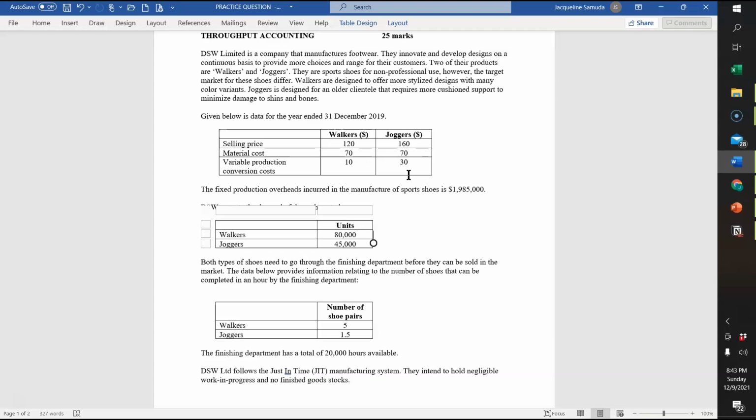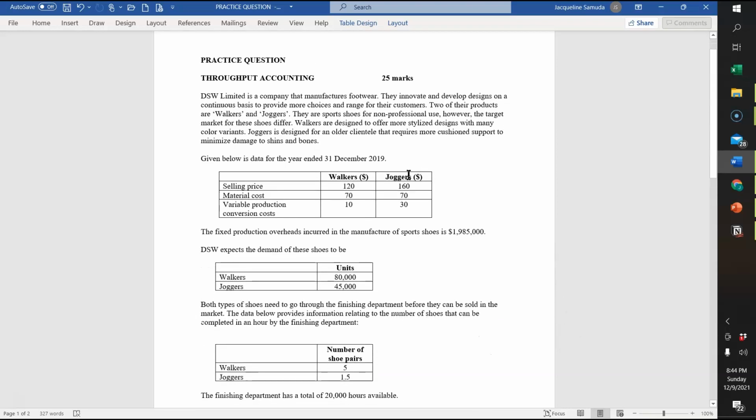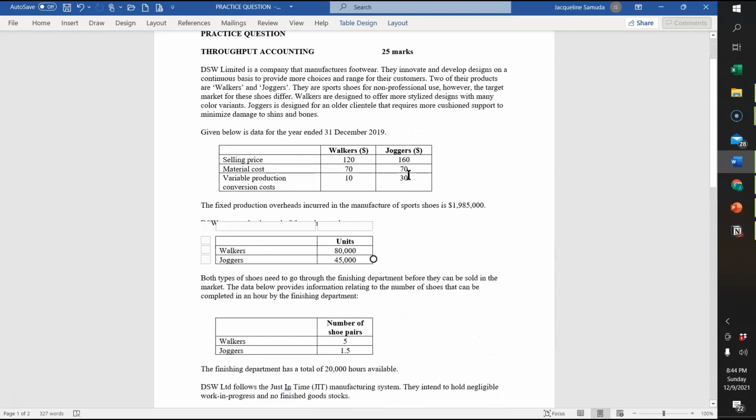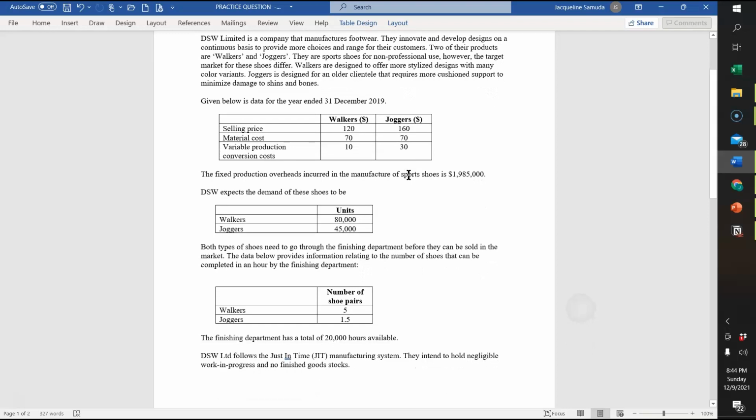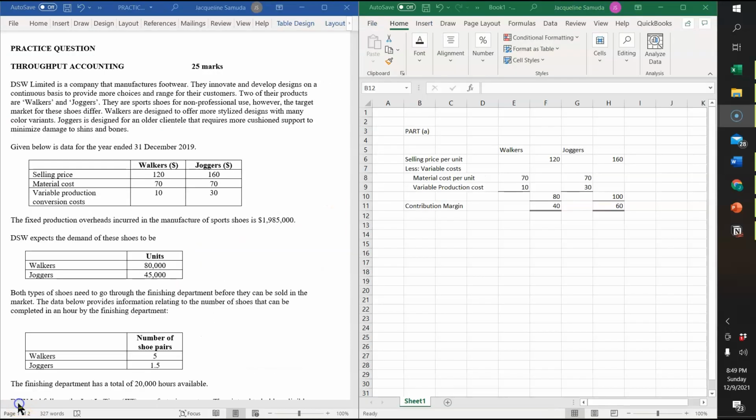All right, so having highlighted the points in relation to the DSW question, we're now going to do the calculations using Microsoft Excel. Here I have on screen, I've split my screen.